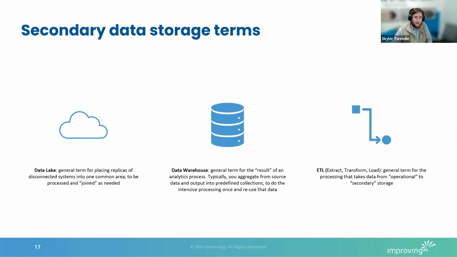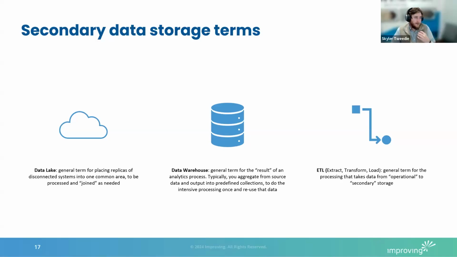In the example of the e-commerce application, let's say I have a products microservice, I have an orders microservice, and I have a CRM tool that handles all of my customer stuff. The concept of a data lake is all of those systems might be in different databases, they might be in completely different networks. But as long as I can dump data from each of those microservices into a central area, I can process that, do any kind of artificial joining as needed, so I can build those insights.